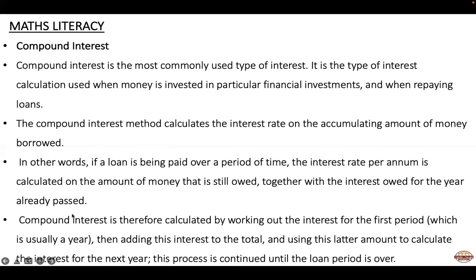We're going to see an example. Compounded interest is calculated by working out the interest for the first period, which is usually a year, then adding the interest to the total, and then using this latter amount to calculate the interest for the next year. This process is continued until the loan period is over.